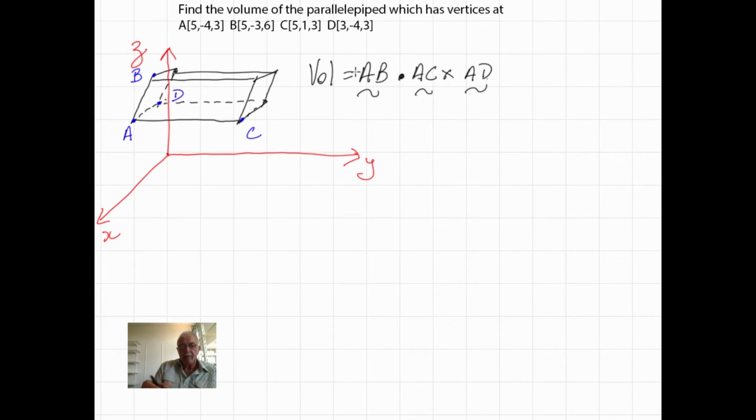Now, we haven't got vectors AB, AC and AD, but we can go through and work those out.